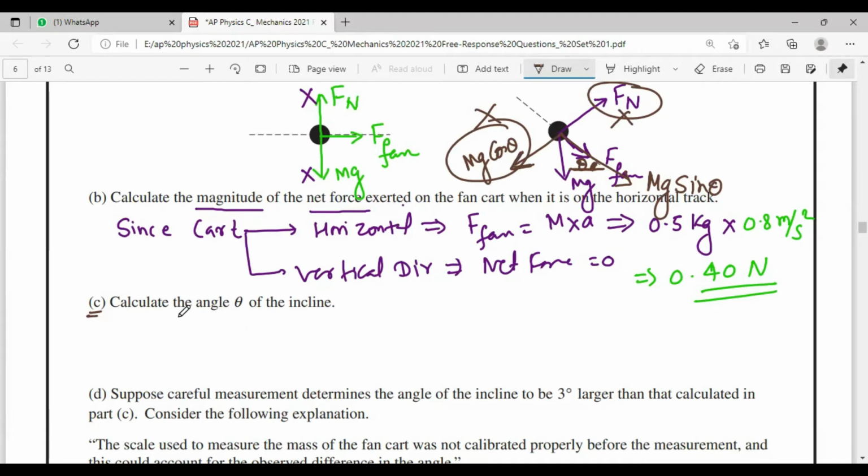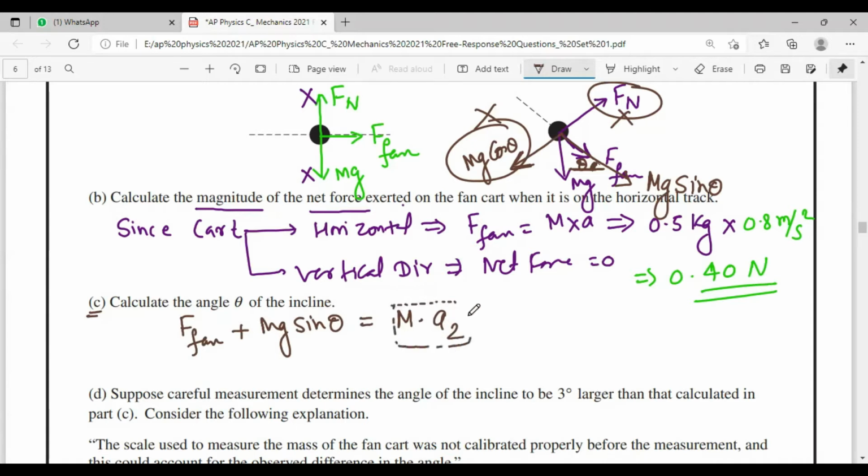So we have to find the inclination. For the inclination we can write F fan plus mg sin theta should be equal to the net force, that is the mass into acceleration a2.